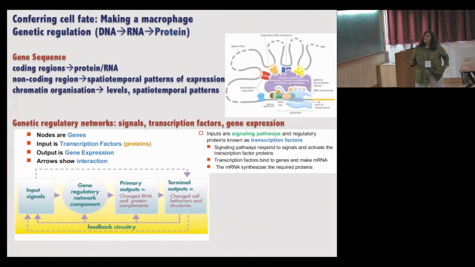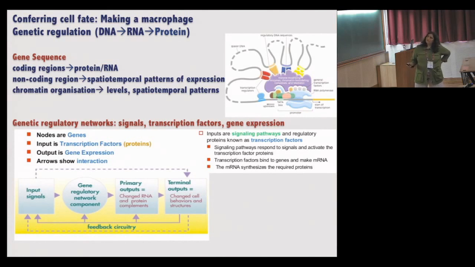And again, for those of you who may not be familiar, you can think of all the genetic material that's present within the nucleus of a cell as consisting of coding regions and non-coding regions, right? The coding regions make protein/RNA.